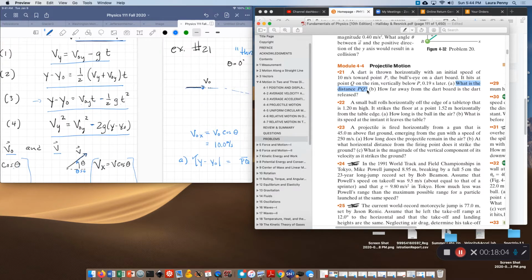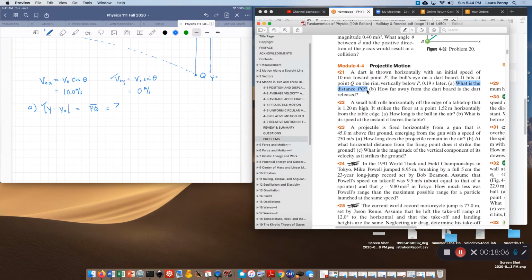And so I can use equation 3 to calculate this. So y minus y naught is 0, that's my initial velocity, minus 1/2 g times 0.19 second squared.